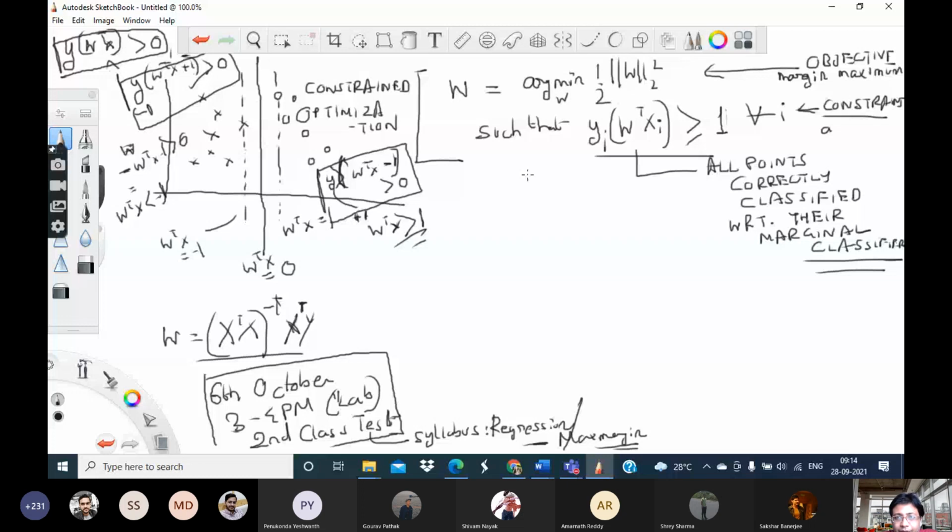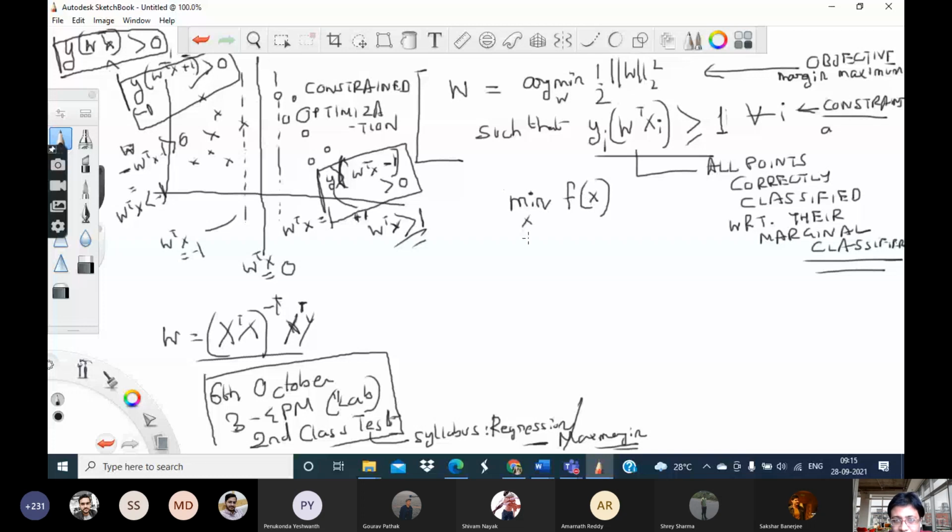Now what we have to do is solve this constraint optimization problem. For any constraint optimization problem, this is the standard procedure. Say the problem looks like this: there is a function f(x), which we call the objective function.